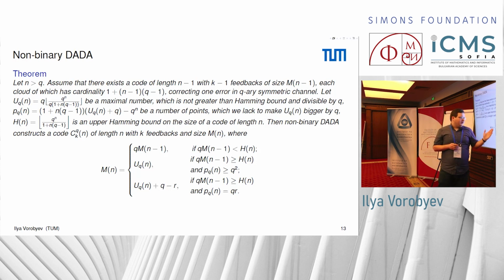But if it is close enough to the Hamming bound, it equals u of n, or u of n plus something small, where u of n is the biggest number which is divisible by q, and simultaneously smaller than or equal to the Hamming bound.